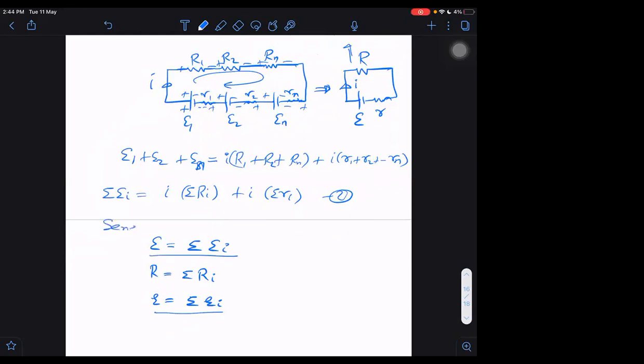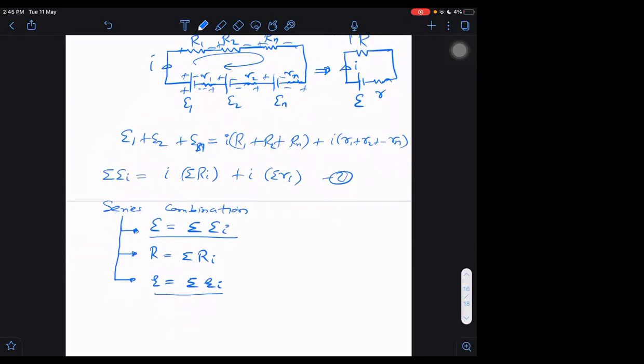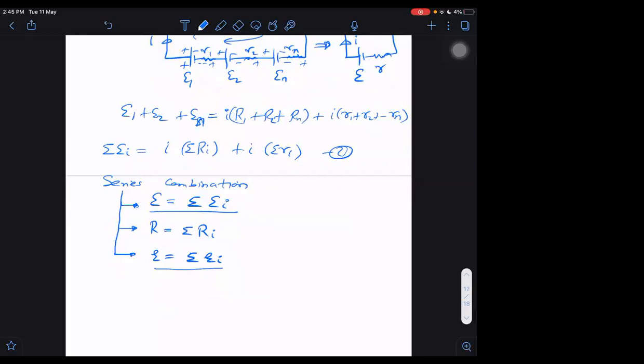So this is the series combination. I am giving you a series combination of three things in fact: internal resistance, external resistance, and EMFs. In fact, sometimes we don't distinguish between internal and external resistance. This total as a whole is like an effective single series resistance.